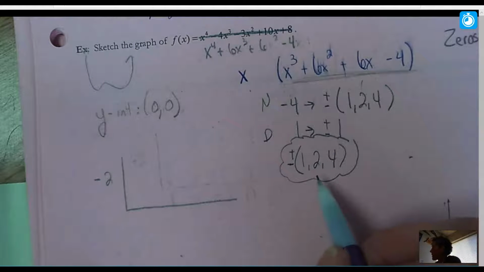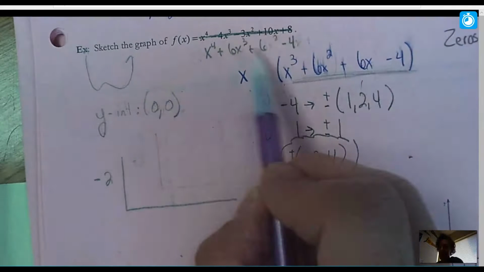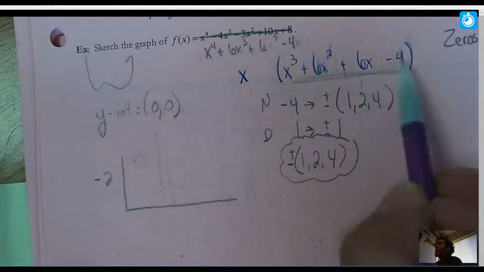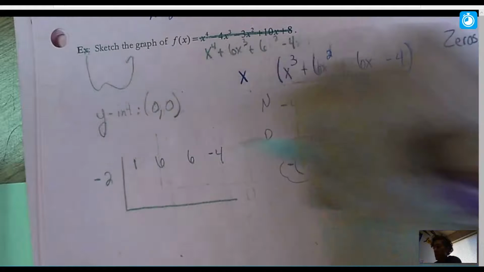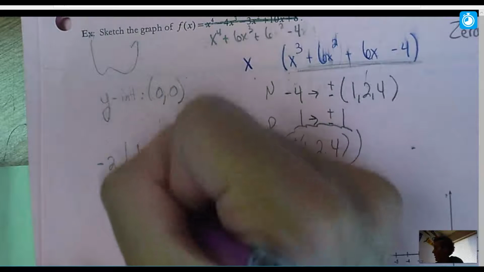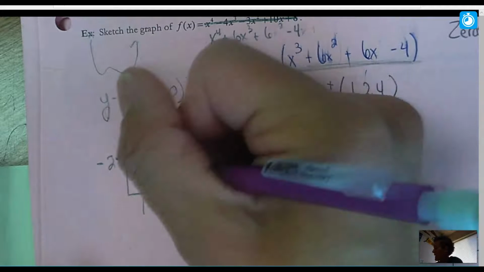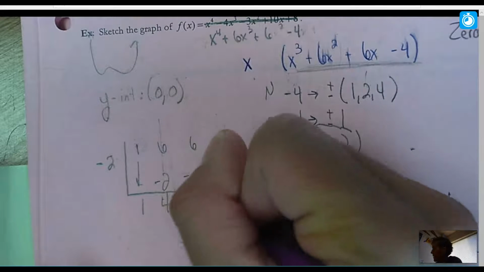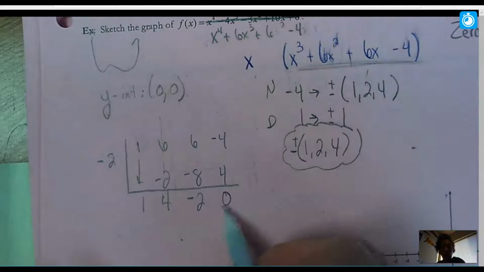So with -2 working, again, this is what I'm trying to factor, not this. I've already started this, so this is what I'm working with. I'll put 1, 6, 6, and -4. And then just going through this, drop the 1, start multiplying, add them up, multiply again, get -8, add these up, multiply again, 4, add them up, and I get 0, which again is what I want.